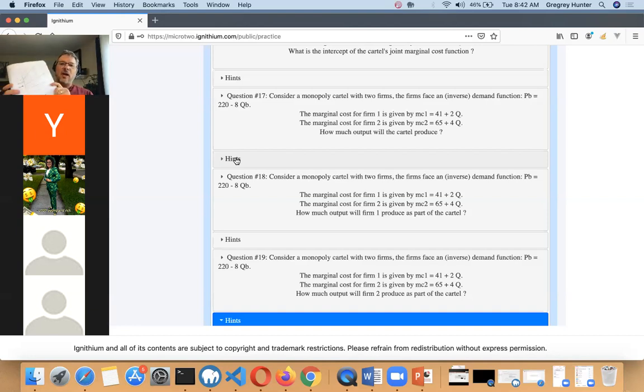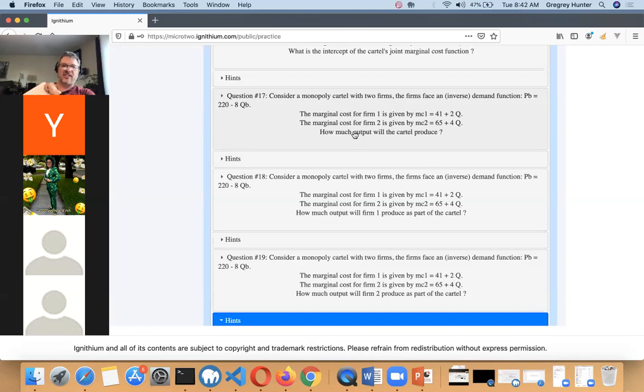Anyway, I don't know if that really helps, Ian, because I know I said a lot, but the big picture here is that for question number 17, we found that we had this type of equilibrium where our marginal revenue was cutting to the left of the intersection point of the joint marginal cost function and the low marginal cost firm, which means that the cartel is going to maximize its profits by only utilizing production at the low marginal cost factory.